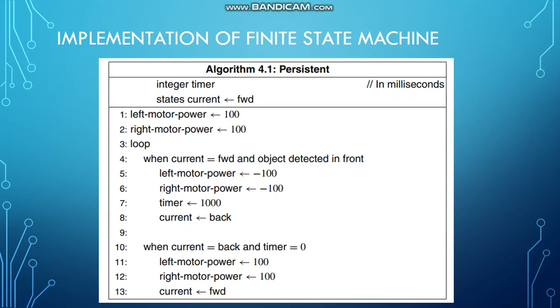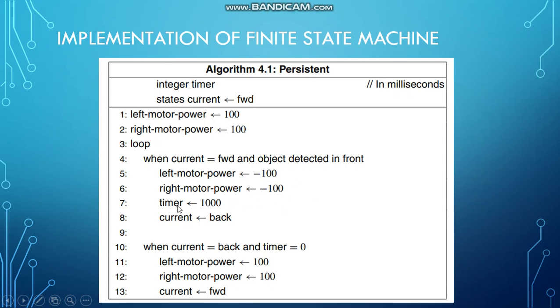The initial state is forward, so you set the left and right motor to 100, so it will move forward, and then loop. When the current state is equal to forward and an object is detected in front, you set the left and right motor power to negative 100, meaning it will reverse and move backwards.